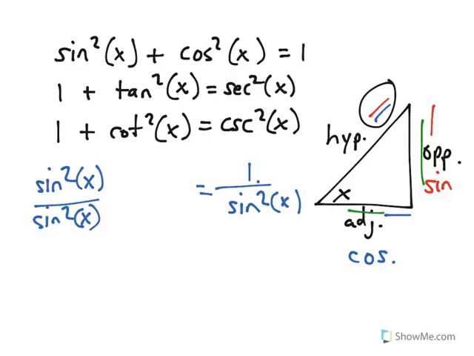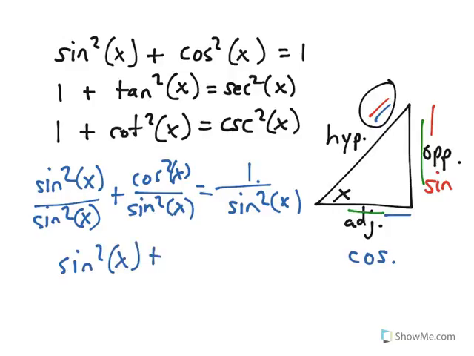And cotangent is just the inverse of tangent, right? And if tangent is sine over cosine, we can say cotangent is just cosine over sine. And now we have all the same denominator again. So now we could say sine squared x plus cosine squared x equals 1. And that works as well.